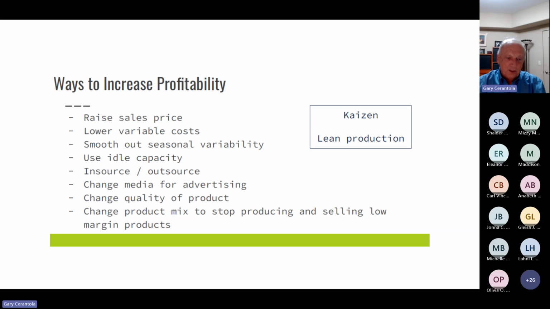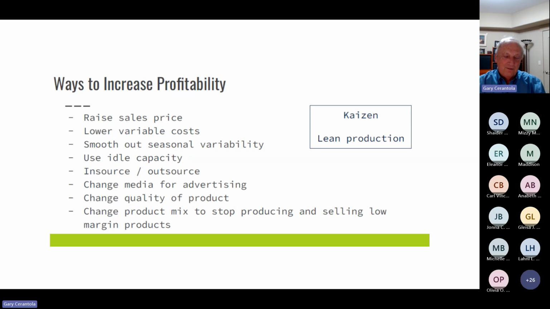But we're going to talk about overhead, and overhead really is your operating expenses, the other things like your fixed costs, such as having a marketing department and an accounting department.